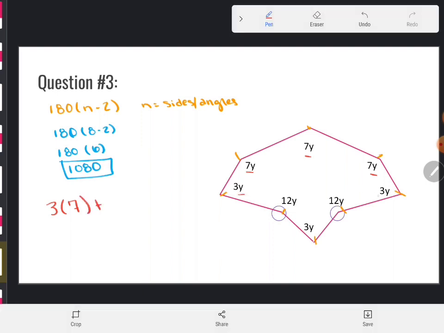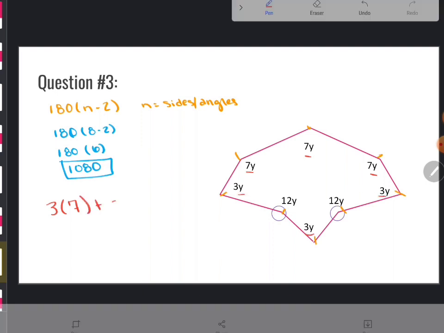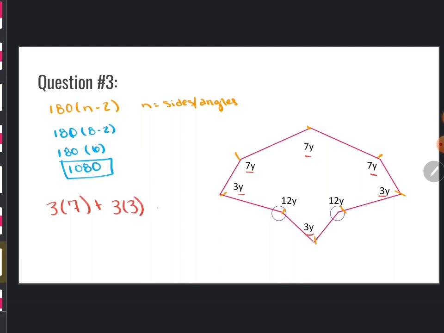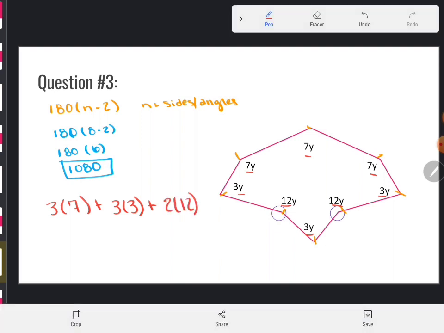We have 3 threes, 3 times 3, and we have 2 12s. So 2 times 12. Now what we want to do is figure out what all that adds up to, which is going to be 54.